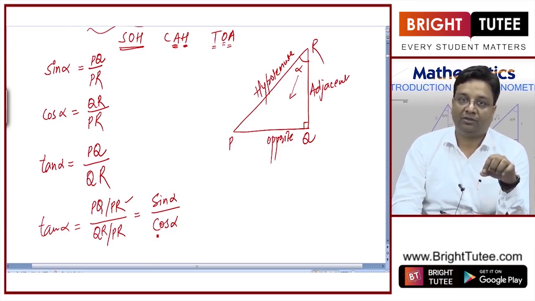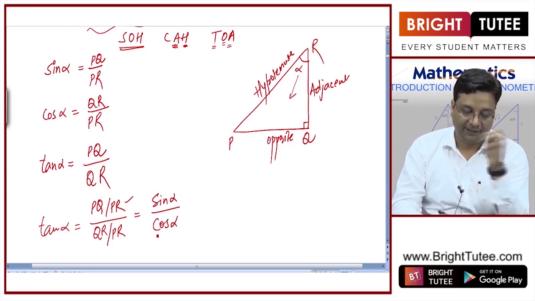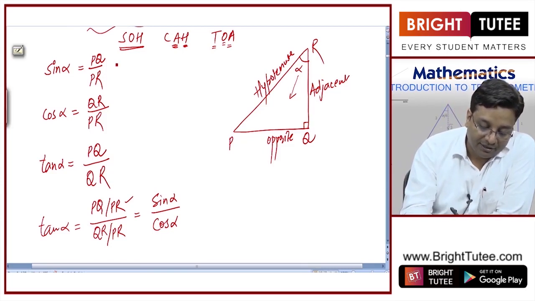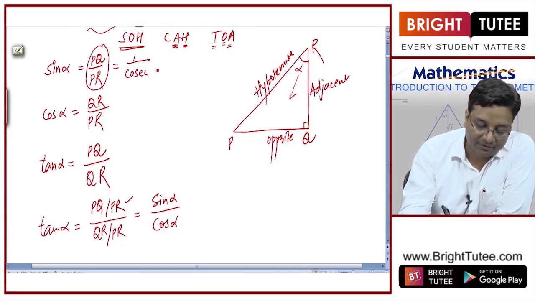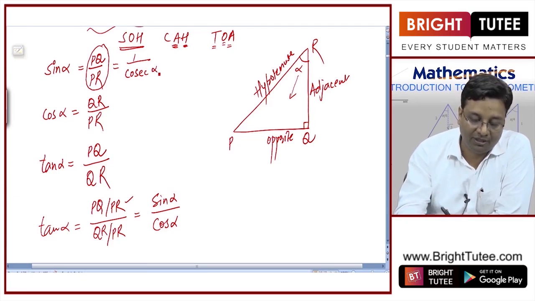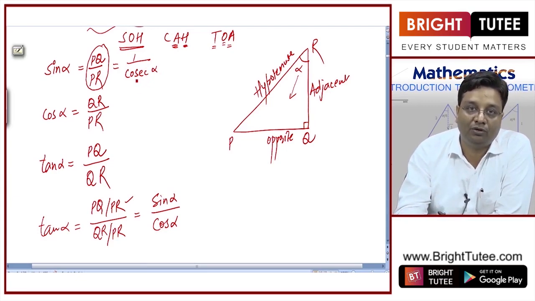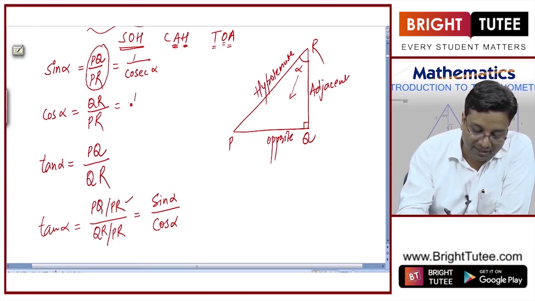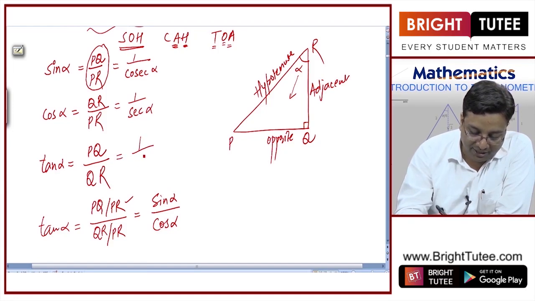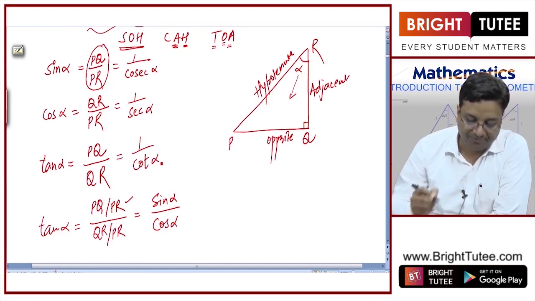Sin alpha by cos alpha is equal to tan alpha, right? And I can also write this ratio as 1 upon cosecant alpha, right? Because cosecant is just the reciprocal of sine, right? Similarly, I can write it as 1 upon secant alpha, and this can be written as 1 upon cot alpha.